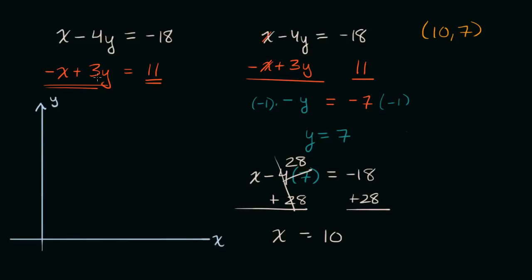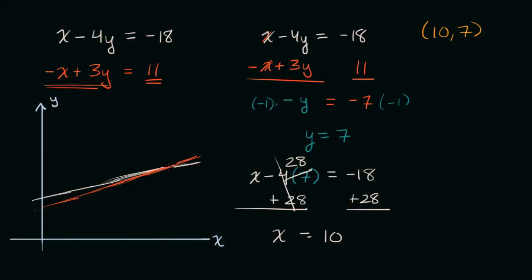And then the top equation is going to look something like this. And then the bottom equation is going to look something like this. Let me draw that bottom one here so you see the point of intersection.